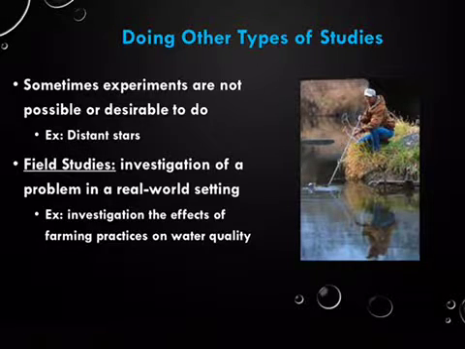You're not going to get any type of farm pollutants in water that doesn't come from agricultural areas. So you actually have to go to those agricultural areas and get water samples there.